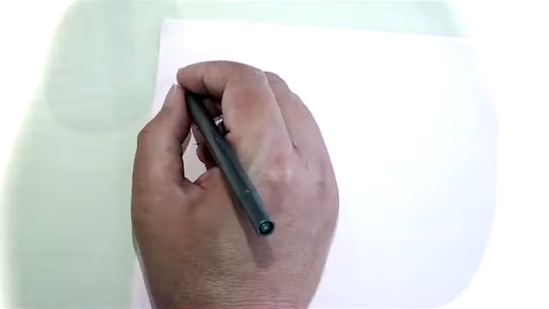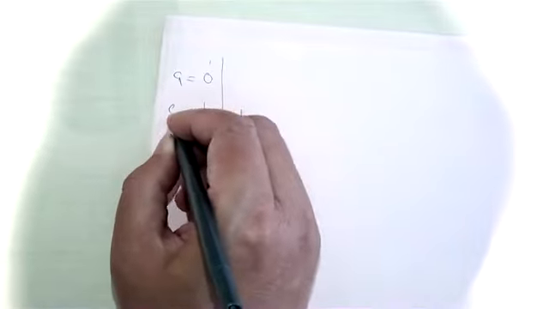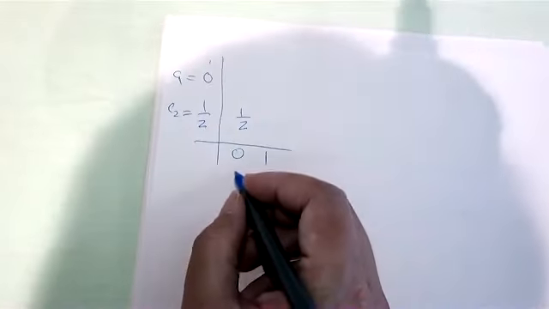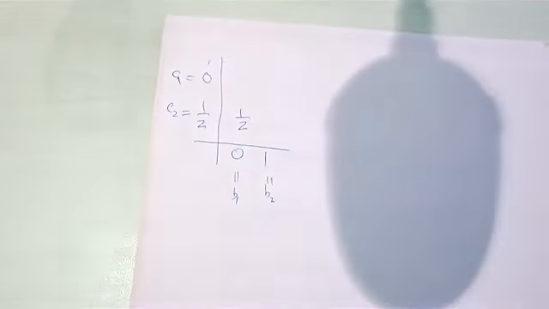Then this one will be my C1, and this one will be my C2, and this is my B1, and this one is B2.